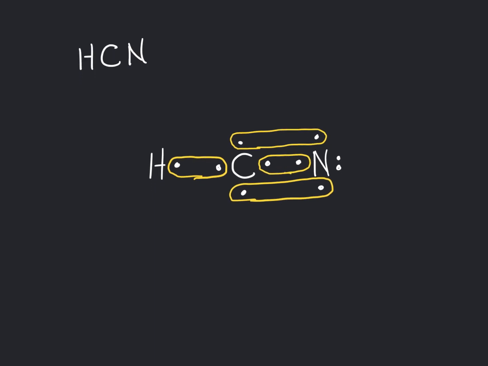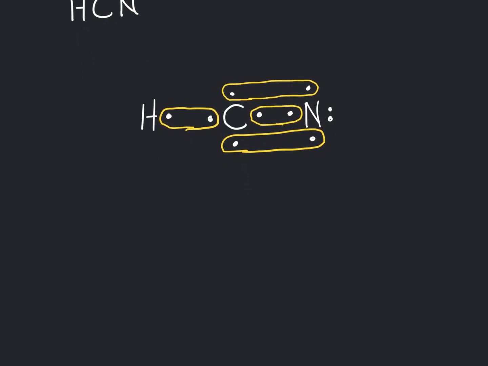Like I did before, I'm going to rewrite this, and I'm going to substitute lines for the pairs of electrons. All right, here we go. Carbon, line, line, line, nitrogen with that lone pair of electrons, line, and hydrogen.